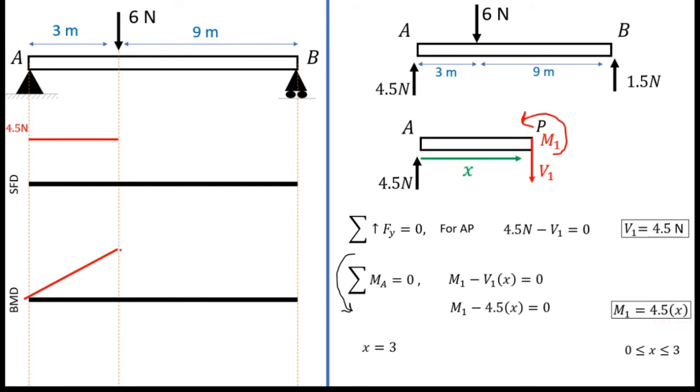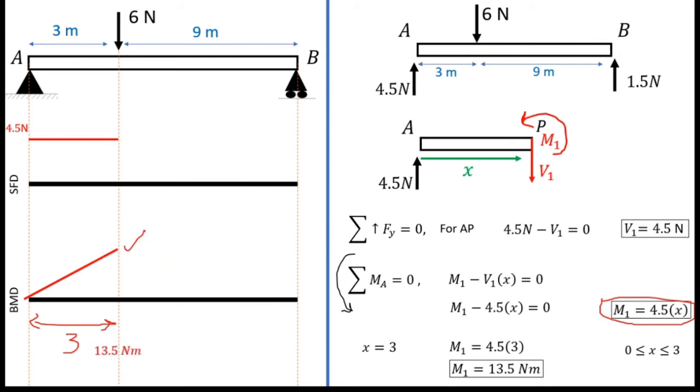If I need the value of this point, I just have to input this value into our function. That means I have to put X equals 3. So I substitute it. When X equals 3, M1 equals 4.5 times 3. So M1 equals 13.5. That means the value of this point is 13.5 Newton meter.